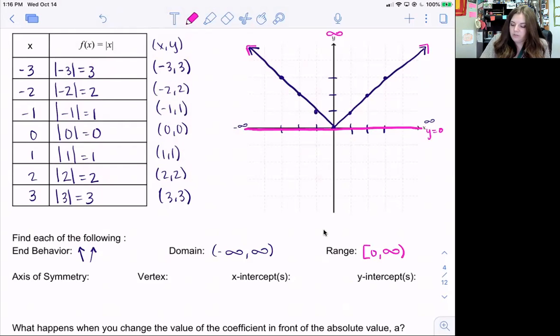Now a new vocab word, axis of symmetry. That's the line that cuts your graph in half. Here it would be the y-axis, so that x value is 0. Our axis of symmetry is x equals 0.